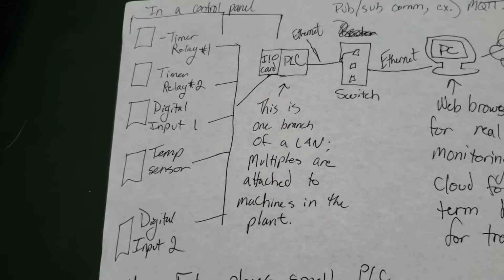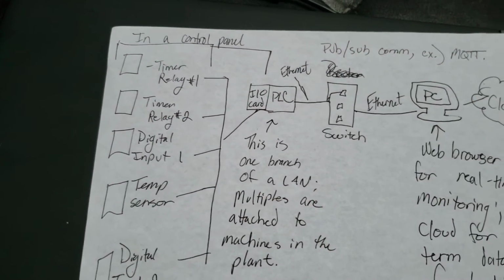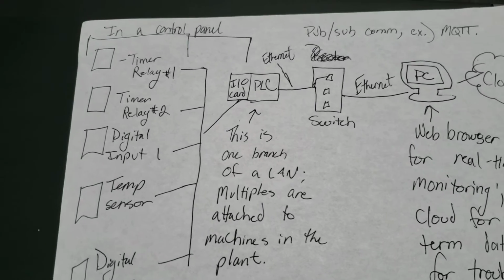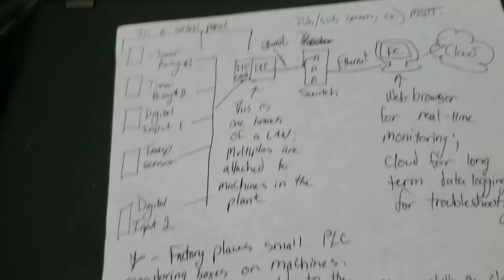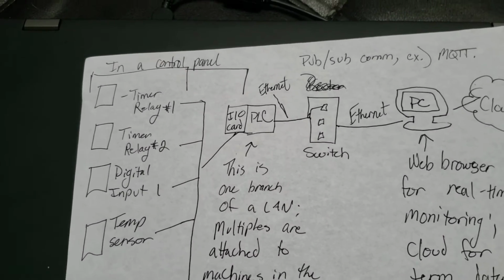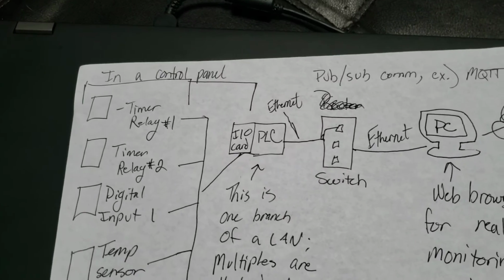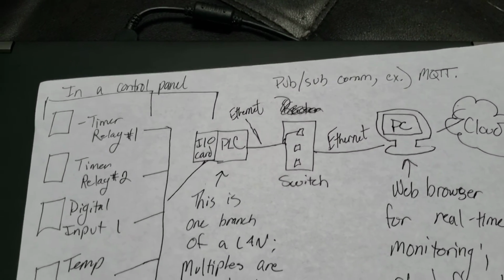And it is noted that all these would be stacked around various machines within a manufacturing process, and the PLC is acting as basically a data logger that sends it out via Ethernet to a switch, and then that switch is connected to a centralized PC network.